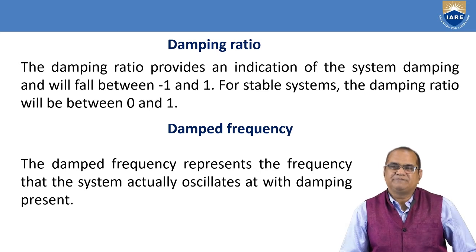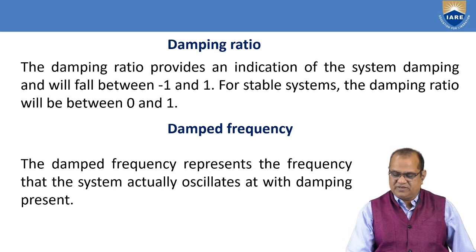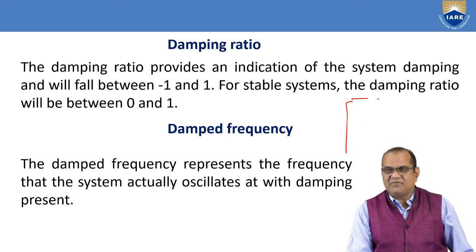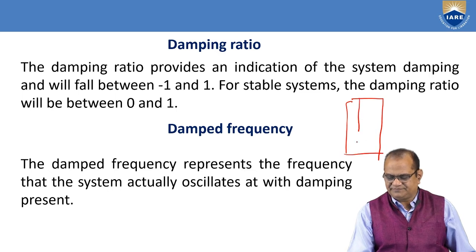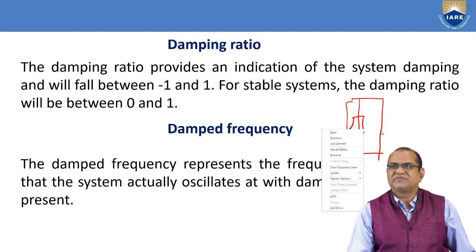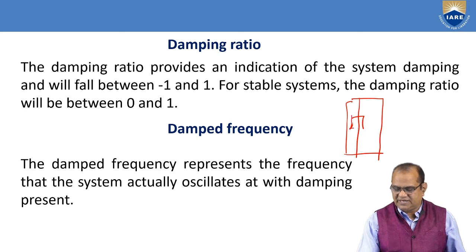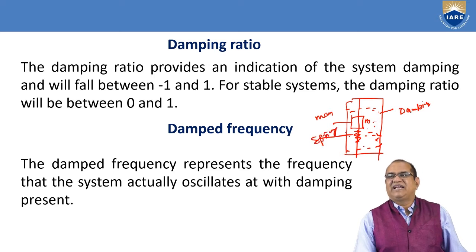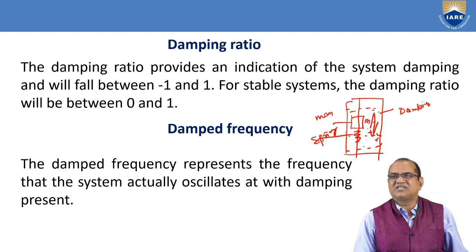If you see any spring mass system like this, this is the mass, here is the spring, and if something is here, then it is a damper. If the dampers are not there, it will keep oscillating like this.